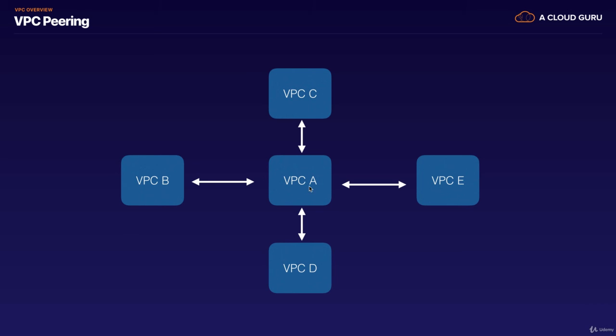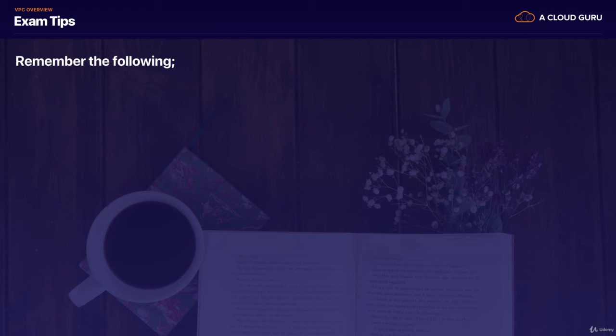Likewise, the instances in VPC A can talk to the instances in VPC C. However, in order for VPC B to talk to VPC C, it can't go through VPC A. Instead, you have to do another peering connection directly between VPC B and VPC C. So transitive peering just means you can't peer through one VPC to another. You must set up a new peering relationship. And again, we're going to have a look at VPC peering in this section of the course. So don't worry if this has overwhelmed you a little bit.